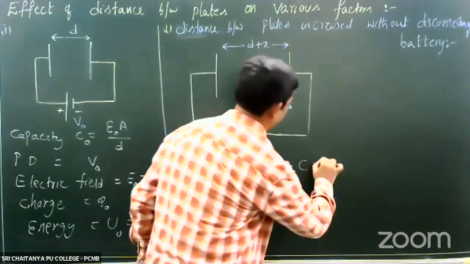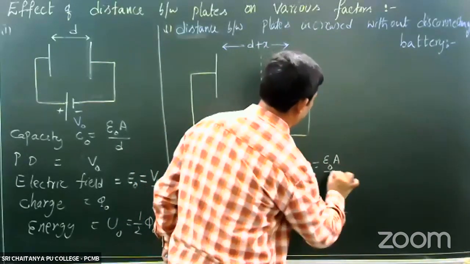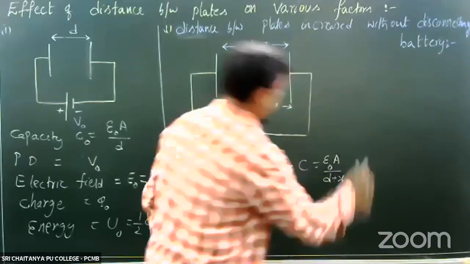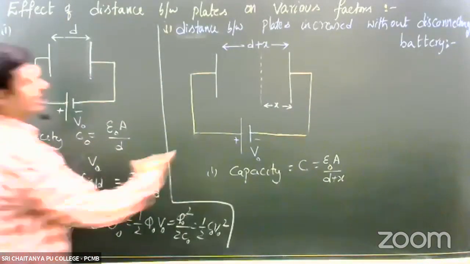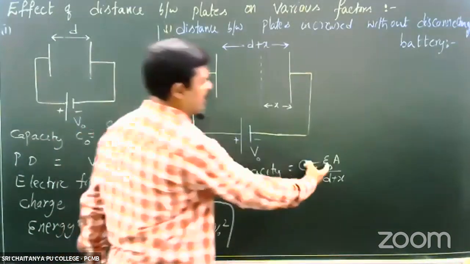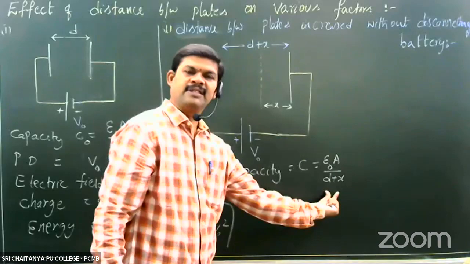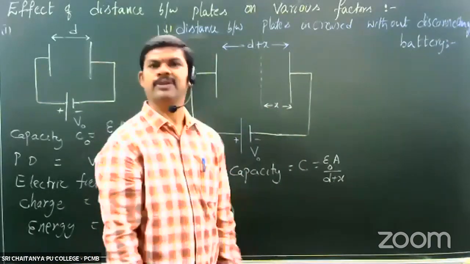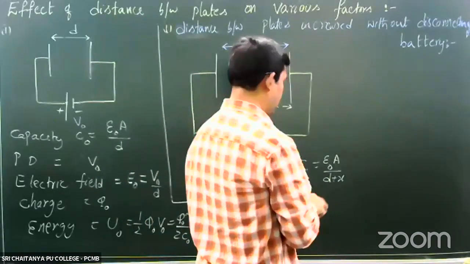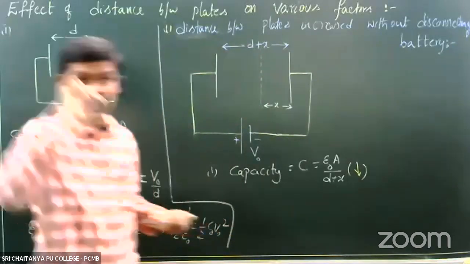We know the formula: capacity C equals epsilon naught A by D. Here separation is D plus X, so epsilon naught A by D plus X. This denominator is increased, so capacity decreases. Clear?